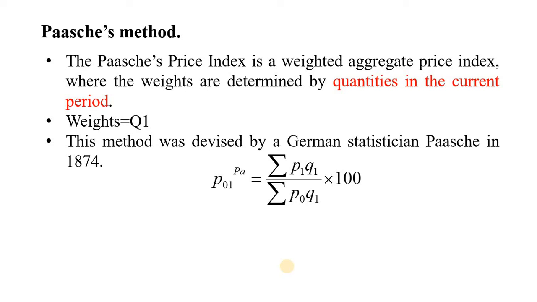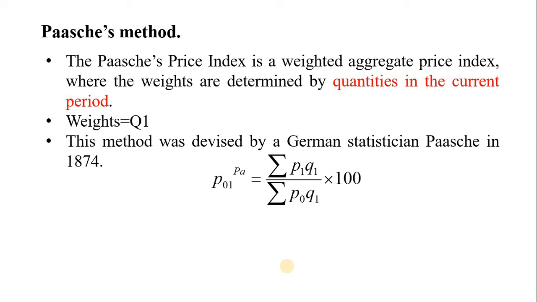As per this method, the price index number for a period is equal to sigma P1 divided by sigma P0, both multiplied by the weights, and the weight is not Q0, here it is Q1.